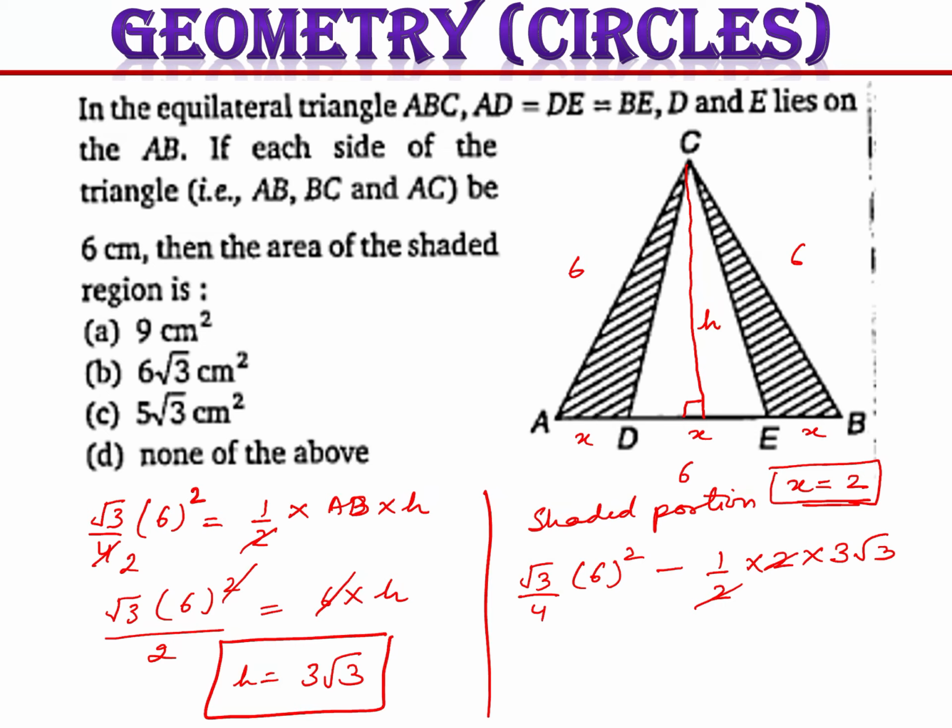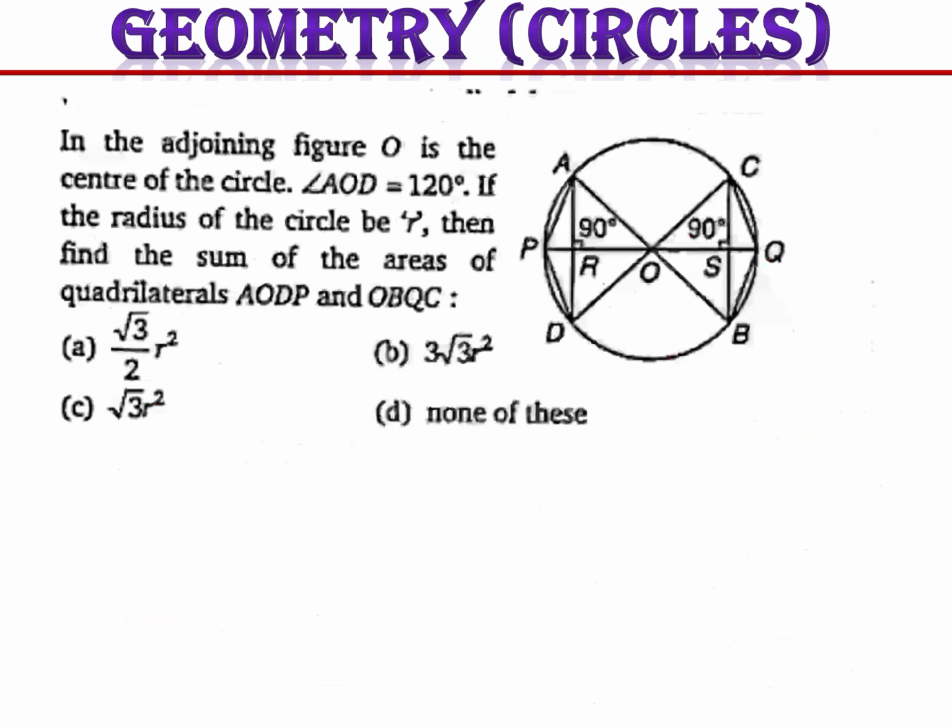So you have root 3 by 4 into 36, which gives 9 root 3, minus 3 root 3. So your answer is 6 root 3. So that's how we have calculated the area of the shaded region. I hope this question is clear to all. So we move to the next question.